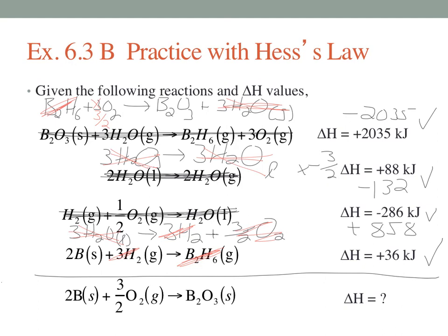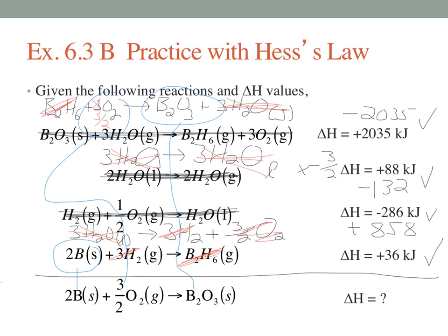That's a big mess of a puzzle, but we're left with 2 borons, which is there, 3 halves an oxygen, which is there. Everything else cancels, and 1 B2O3, which is there. So we're left with our balanced equation after all of that crazy work.